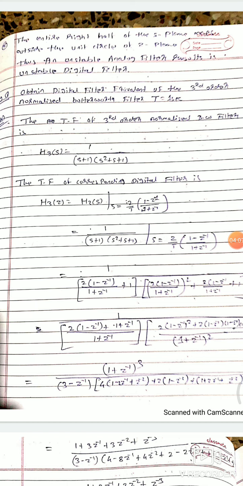So you have to obtain the transfer function of the required analog Butterworth or Chebyshev filter. Once you get that, you use the bilinear transformation and convert it to a digital filter. So this is the entire design process flow.